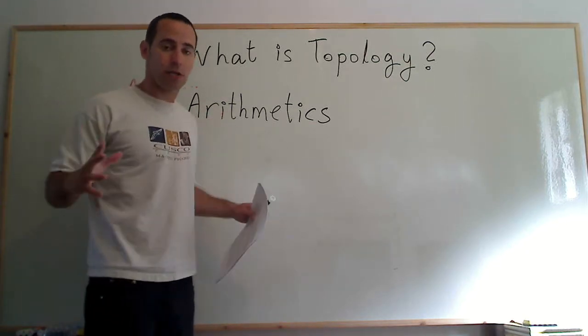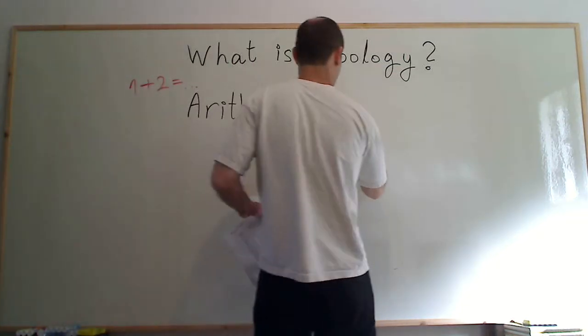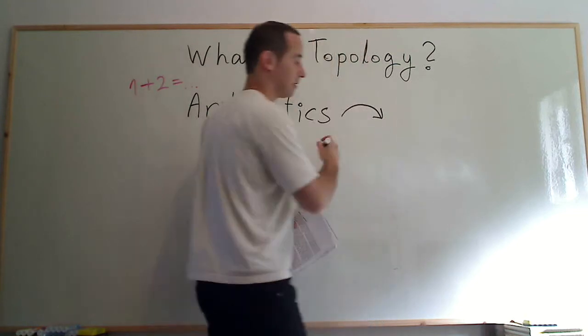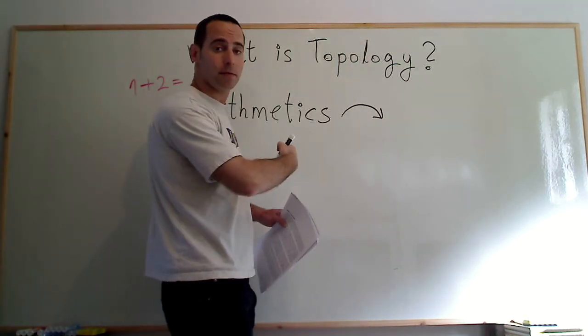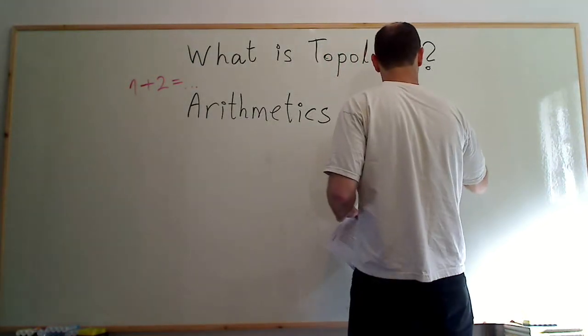We want to make it more general with x and y. So this arrow will represent making it more generalized. We have algebra.